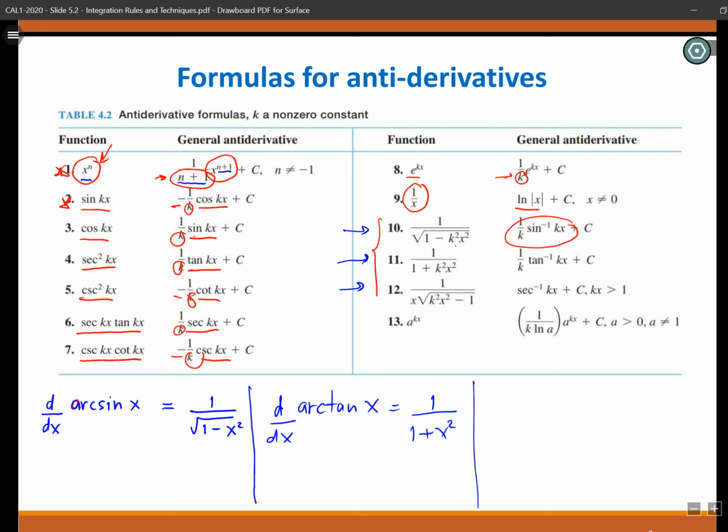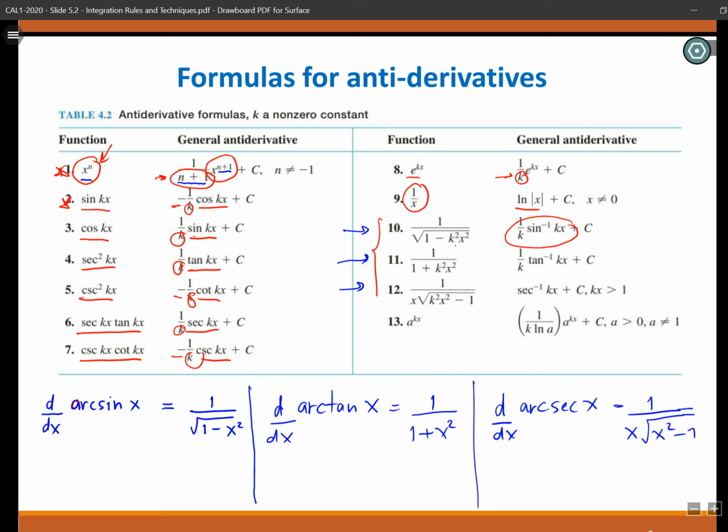Now another formula for the differentiation of inverse trigonometry is the derivative of arcsecant x with respect to x. You should get 1 over x square root of x squared minus 1.